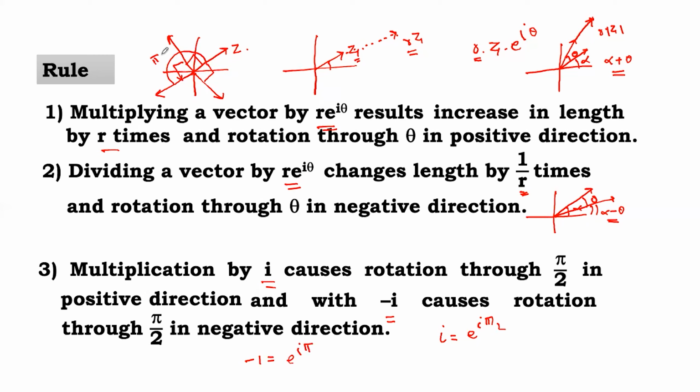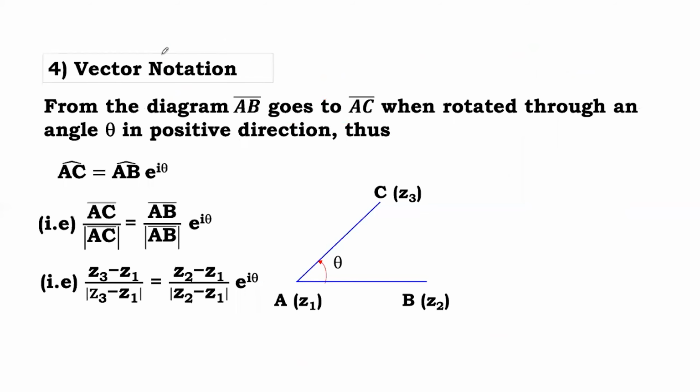So now the application, or we can say the vector notation, how we are using this, right? From the diagram ABC, we have already seen that I'm reaching to angle theta, going to Z3 with respect to Z1.